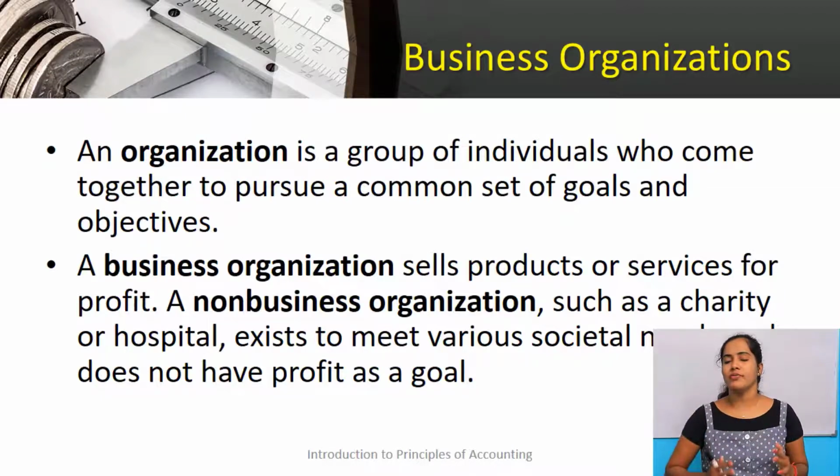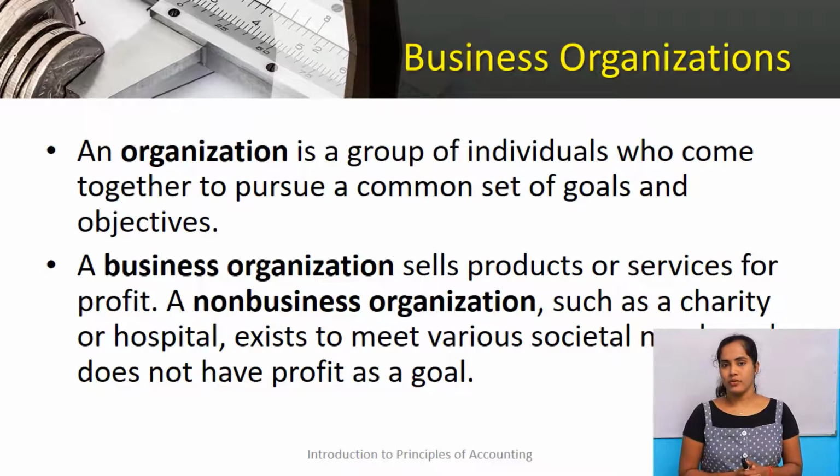Here, a group of individuals means this is an effort of more than two individuals. And here the term collective goals means an organization tries to achieve multiple goals rather than depending on one goal. Sometimes organizations try to achieve profit.